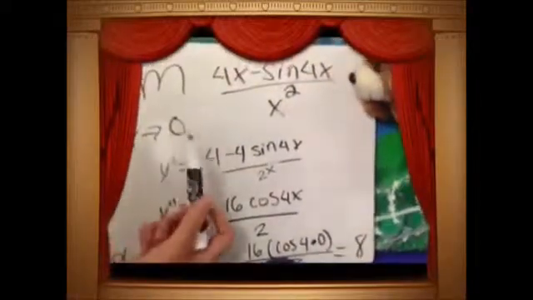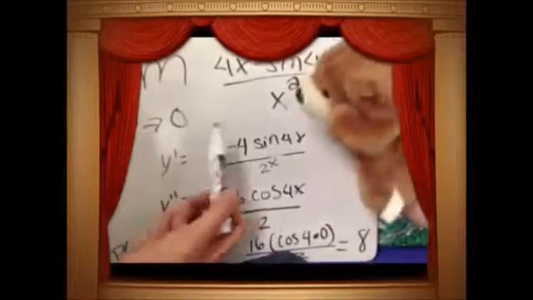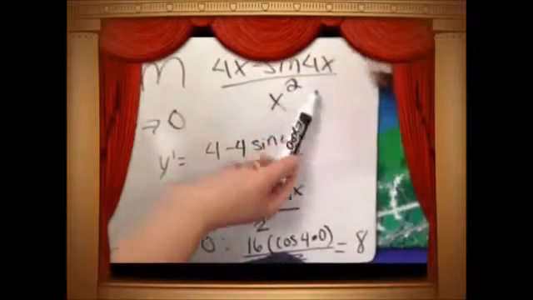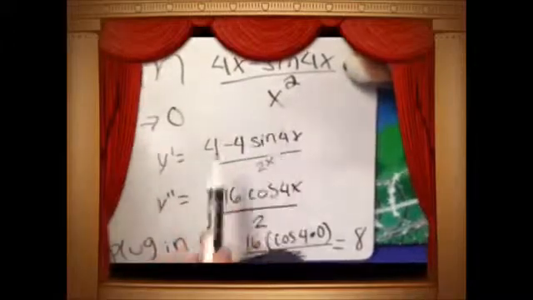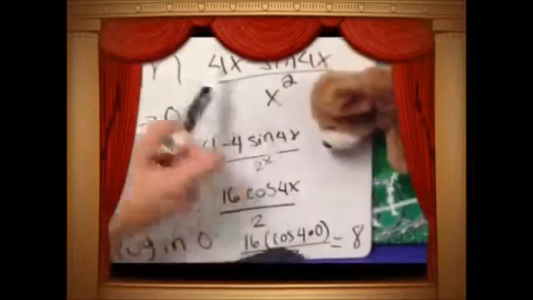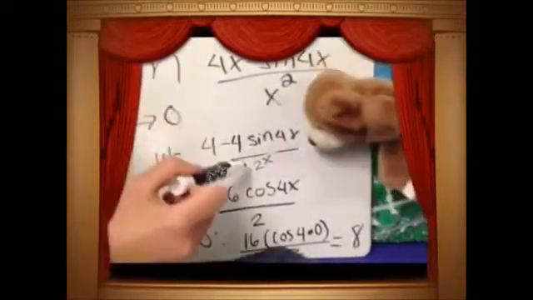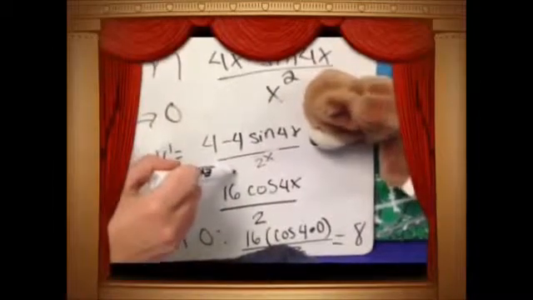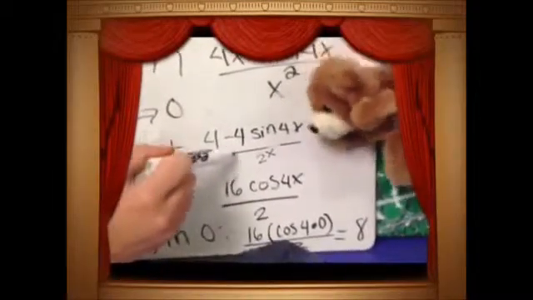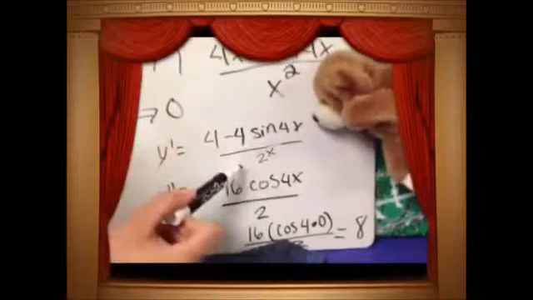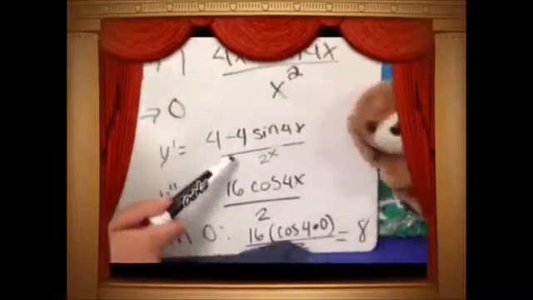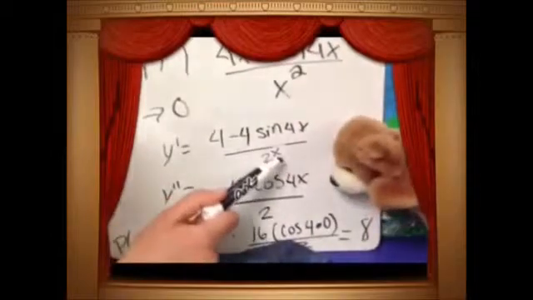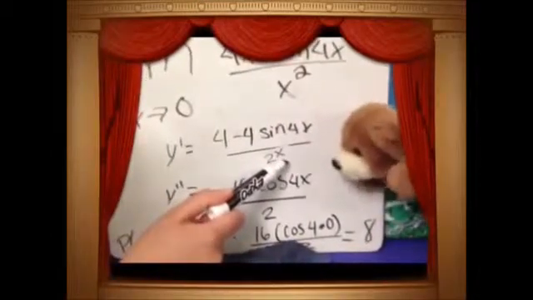this is asking to find the limit as x approaches 0 of 4x minus sine 4x over x squared. First, you can take the first derivative of the numerator over the first derivative of the denominator, which will be 4 minus 4 sine 4x over 2x. Here you cannot plug in 0 because you will get a 0 in the denominator.